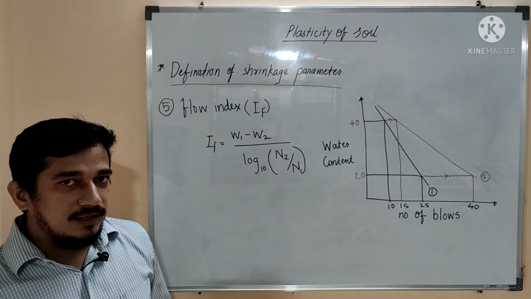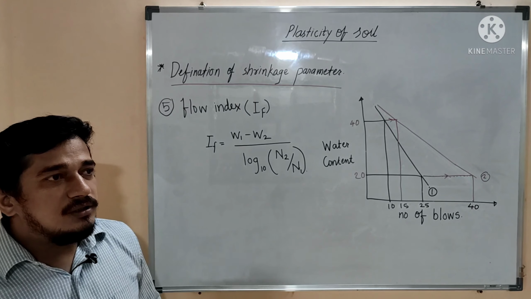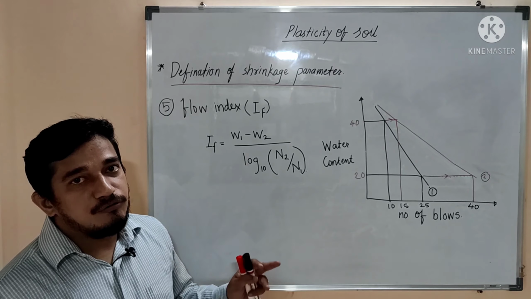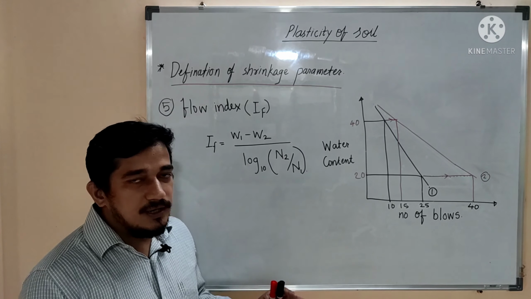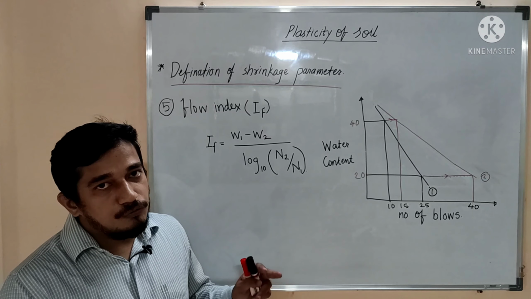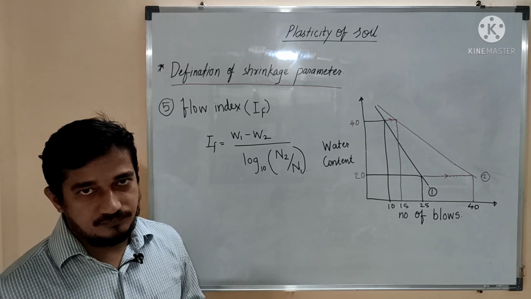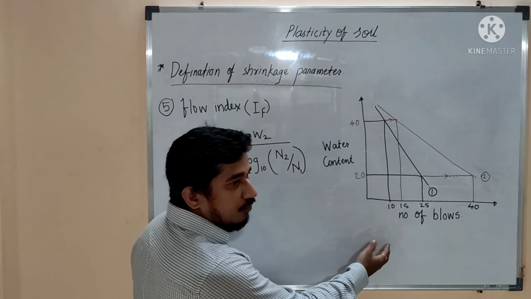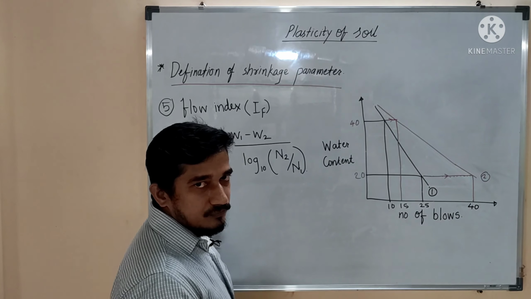So it indicates that the slope of this flow curve is nothing but the flow index. When the flow index or the slope of this flow curve is steep, it means that it is requiring less number of blows to close the groove.